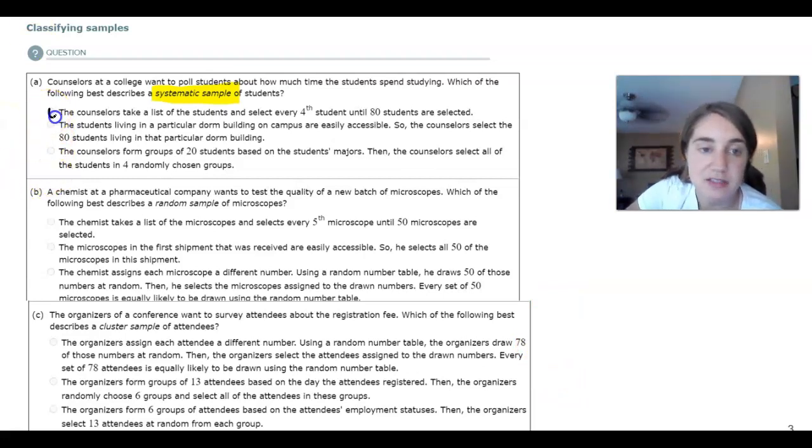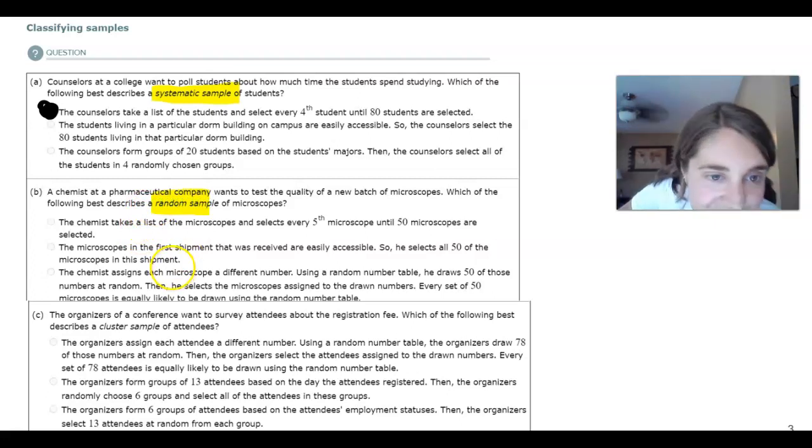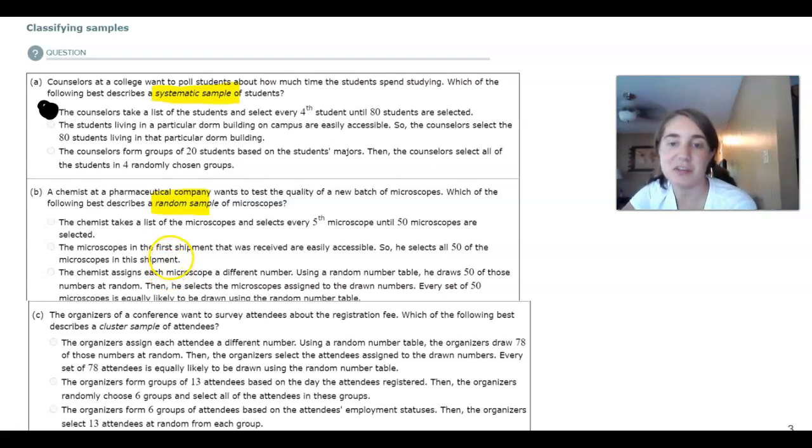We should have seen that this first one, students take a list of students, every fourth student until 80 students are selected. Next: a chemist in a pharmaceutical company wants to test and treat a new batch of microscopes.